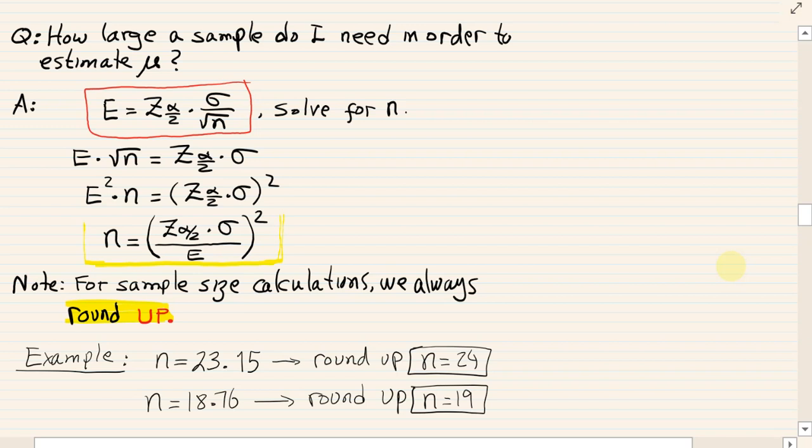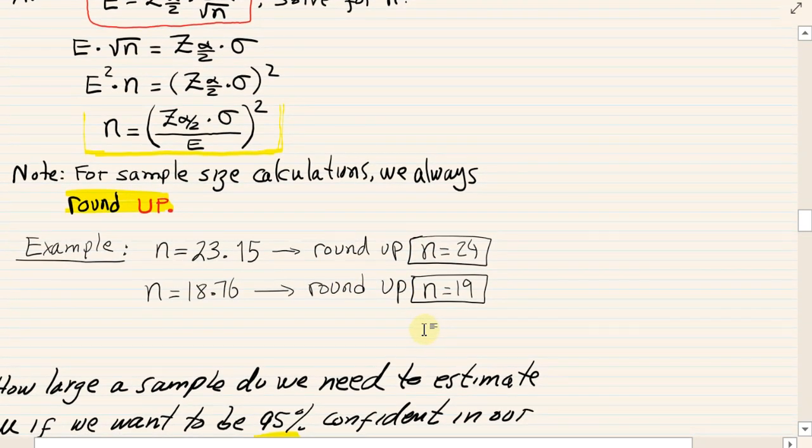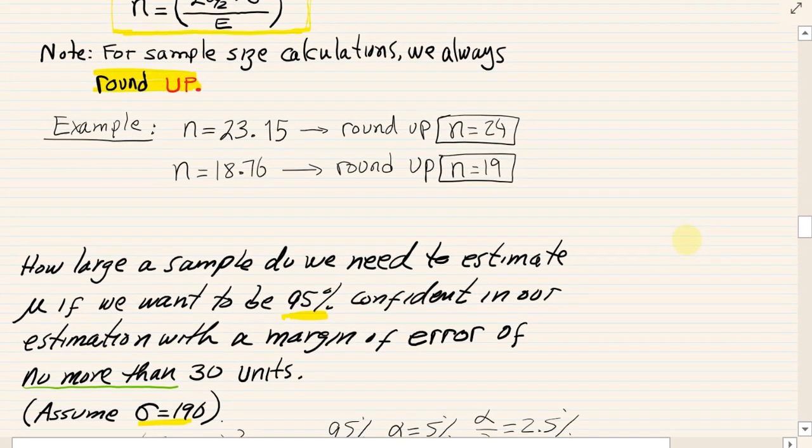But in statistics, because of sample size, we cannot have a portion of a person or a subject. So we always round up in order to have better estimates. If the sample size is, for example, 18.76, that naturally rounds up. But even if it's not, for any decimal, regardless of what's in the tenths position, you always round up. The only time you don't round up is when the number itself is a whole number.